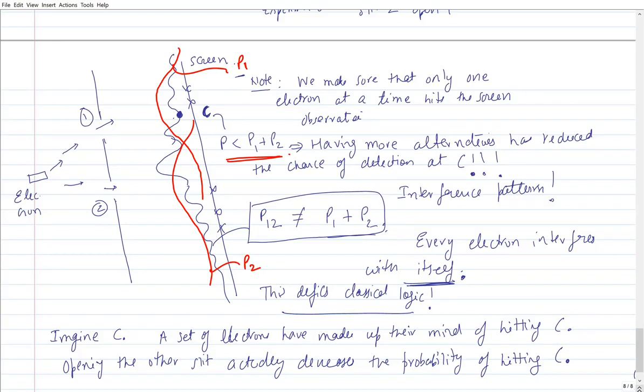Also, let's consider this particular point A. At point A, which is at the center of the screen, the probability is more than twice of P1 and P2.